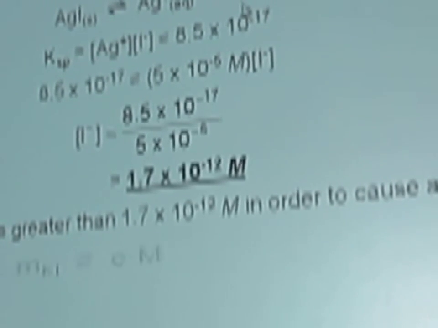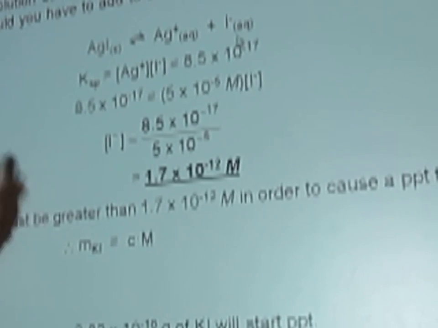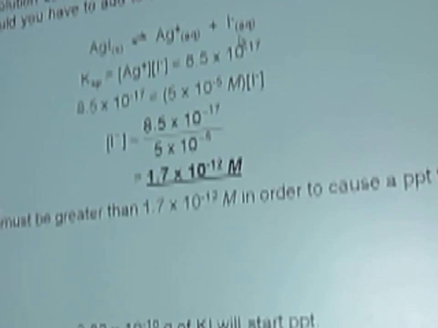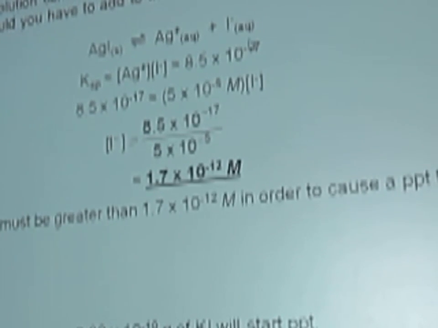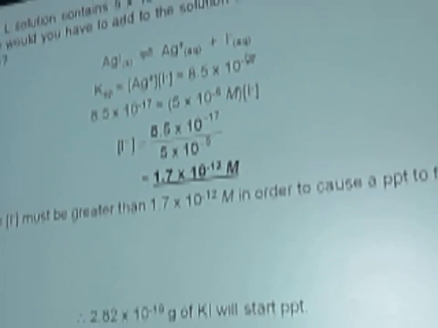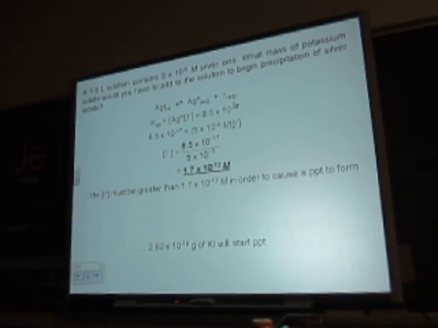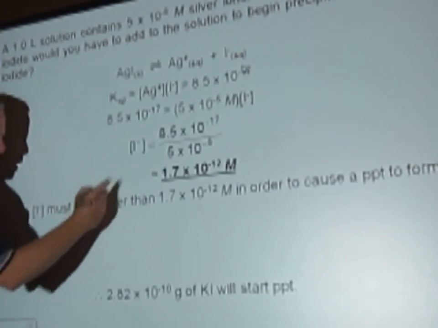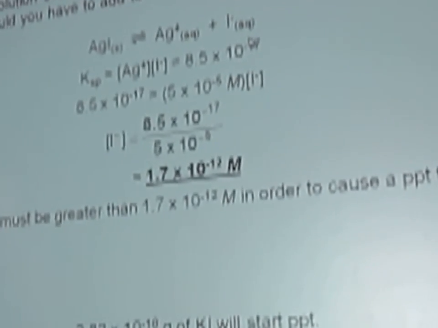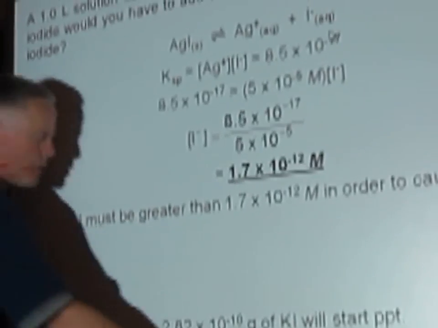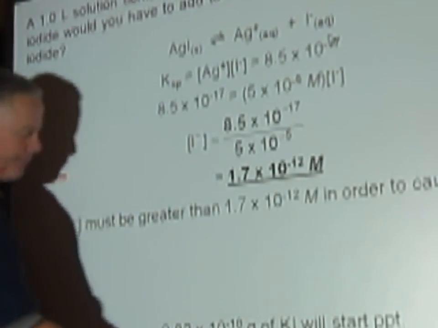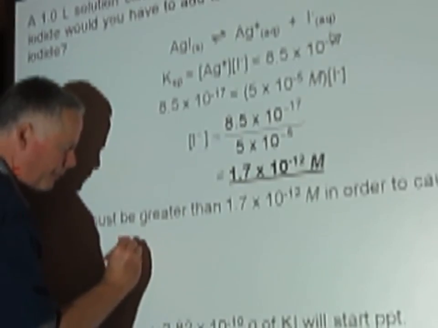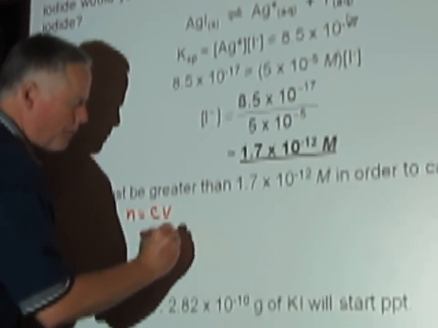So the mass, okay, I'm not going to do it this way because you're confused already. So first thing we need, well, there is a shortcut you can take because it's 1 liter, but I'm not going to get involved with that. So I've got a concentration. I need to know the number of moles. So my number of moles is equal to the concentration times the volume.